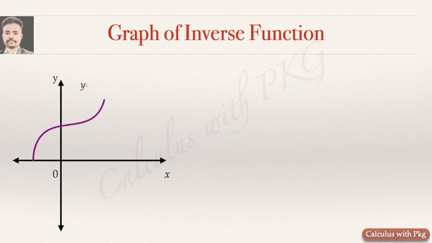So here y equal to f of x is the original graph, shown by the purple color line. Now to set the graph of f inverse so that its input values lie along the x-axis, we will interchange the x and y axes by reflecting across the 45-degree line y equal to x.